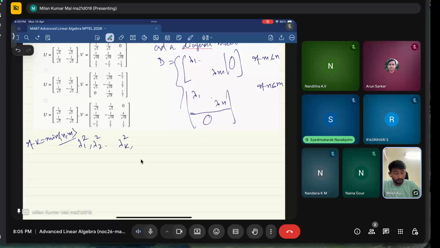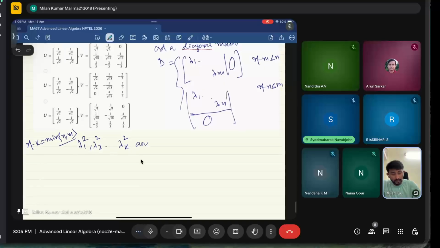Lambda 1 square, lambda 2 square, up to lambda k square are the non-zero eigenvalues of A star A. Now A star A is an n by n matrix, right? But it will have non-zero eigenvalues, or you can say non-negative eigenvalues.